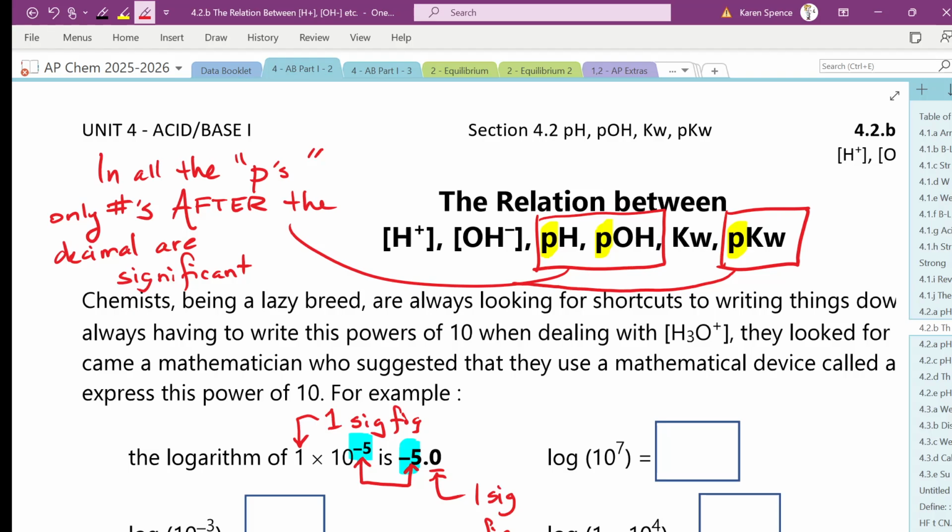Scientific notation, you won't end up because it's a power of 10. It'll be okay. Yes.